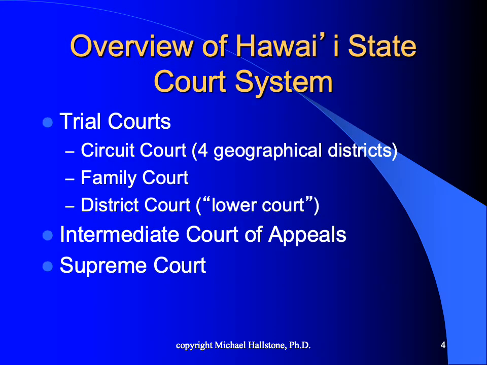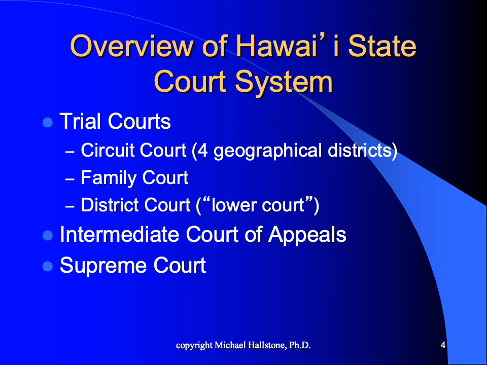Okay, so in general, in Hawaii, we have trial courts. Okay, they're called the circuit courts in Hawaii. There's 4 geographical districts, which I'll get into next. Okay, there's a family court.